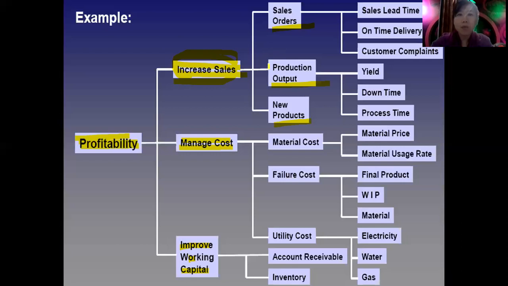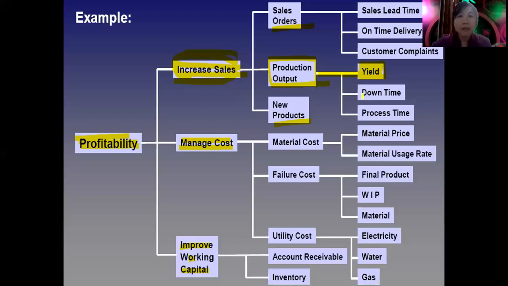Let's say we are focusing on the production output. We want to increase the production because the demand is higher than the supply, and our production output is not enough to supply the demand. So we are discussing how to increase the yield. We discussed this last week. The yield percentage refers to the number of good products that can be produced by our factory.